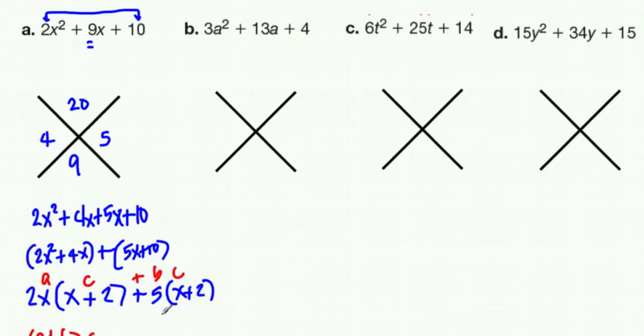And this is the factored form of 2x squared plus 9x plus 10. Okay, let's move on to the next one. 3a squared plus 13a plus 4.